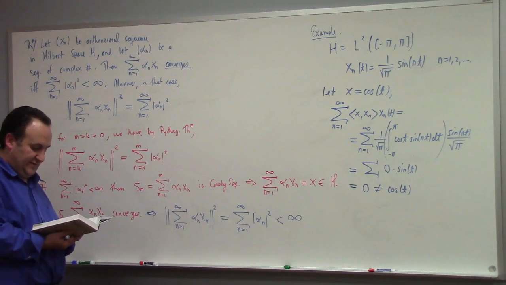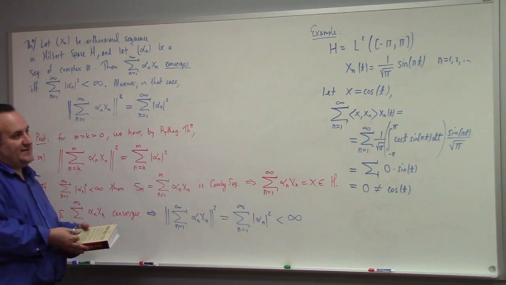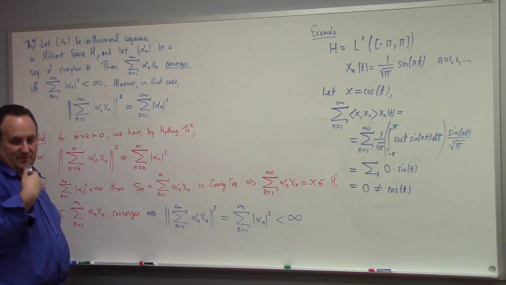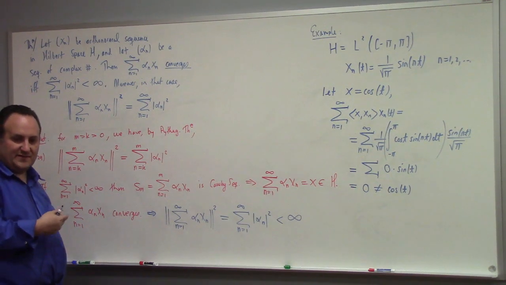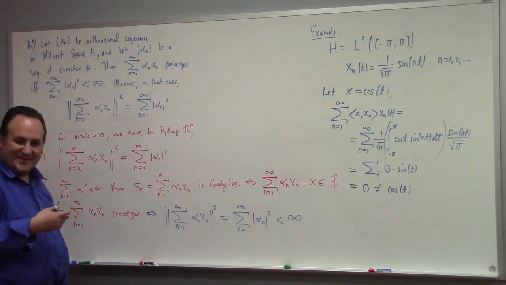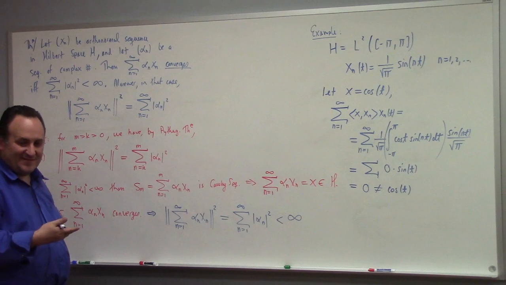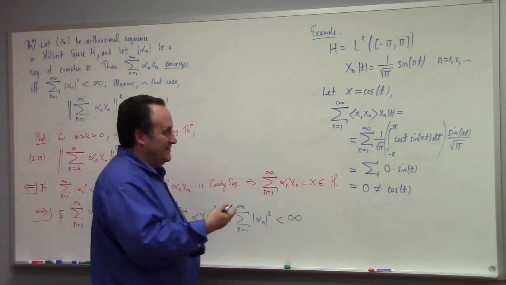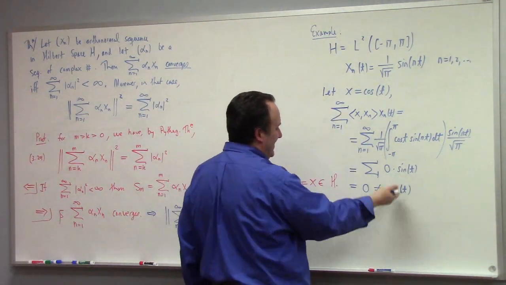That's what this illustrates. So yes, we have a convergent series, it's the 0 series. It's not doing a very good job at all representing cosine.